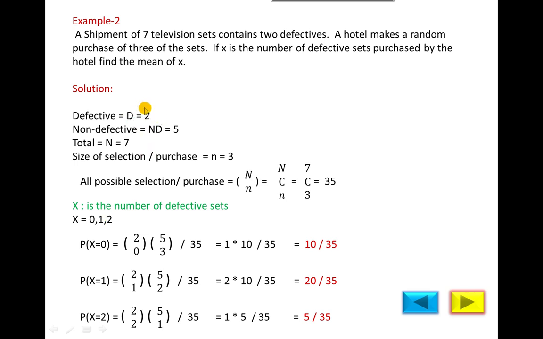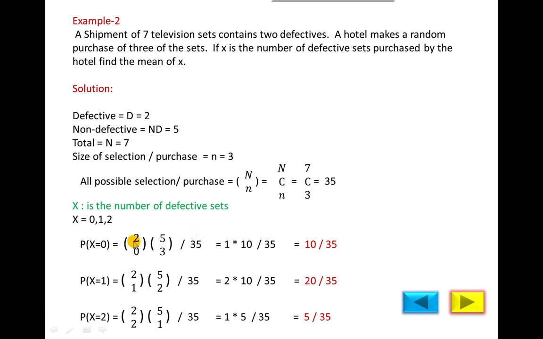If the hotel purchases 3 sets out of 7, out of 3 there may be 0 defective, 3 non-defective; 1 defective, 2 non-defective; 2 defectives, 1 non-defective. So we will find the probability of defective sets. Probability of x equal to 0 defective, 1 defective, 2 defectives, and the denominator will be 35, all possible outcomes.